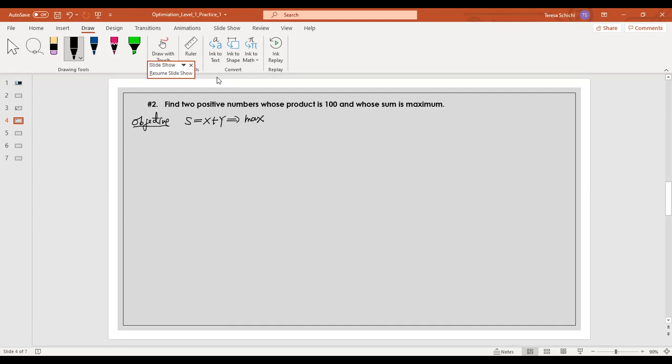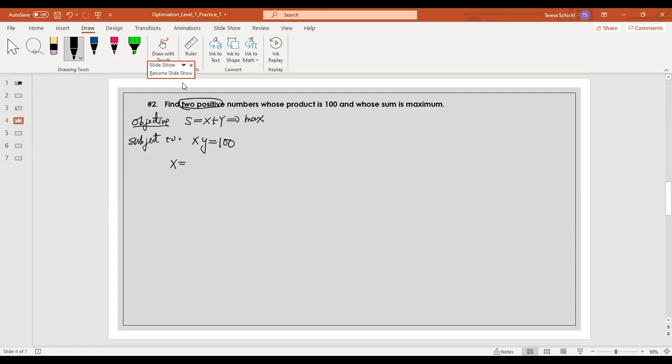Now, what are the conditions? The conditions say these two positive numbers have a product of 100, which means xy is equal to 100. Just the same as in the previous problem, the next step is to write one variable as a function of the other one.